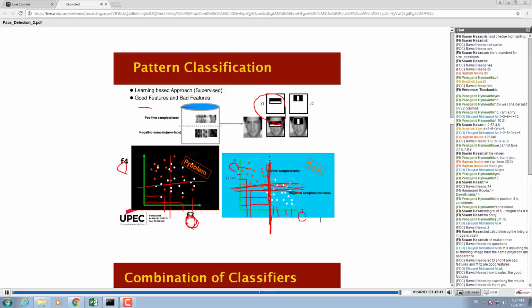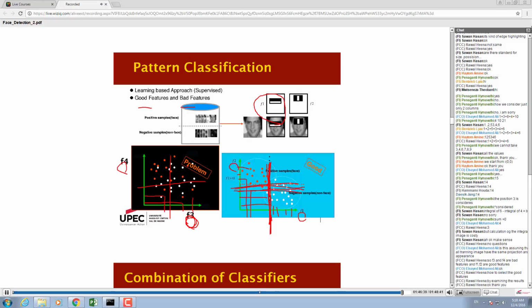So we consider every feature as a very small and simple classifier. Based on the threshold we do the classification, and then based on the result we measure how good or how bad it is, using the ratio of errors. Because this is supervised learning, we already know which is face and which is non-face, so we can calculate the error very easily.